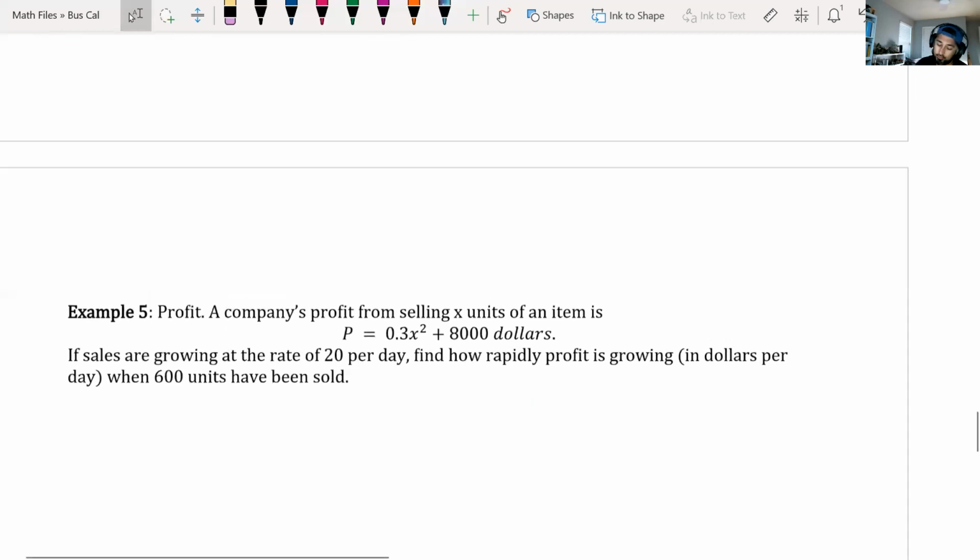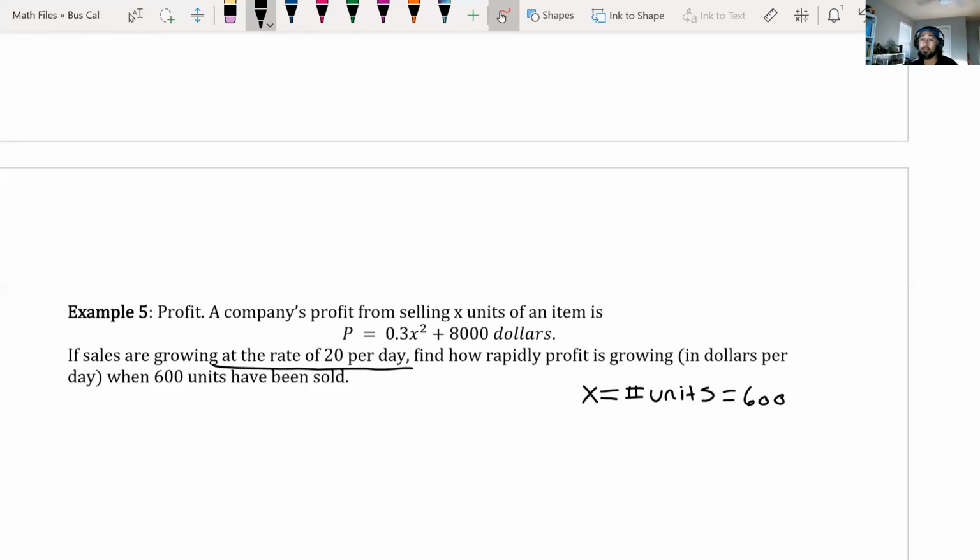So again, we label. X is the number of units, and we've sold 600 units. It says sales are growing at the rate of 20 per day. It may be a typo, but I'm sure the word unit was left out, so we are selling 20 units per day.